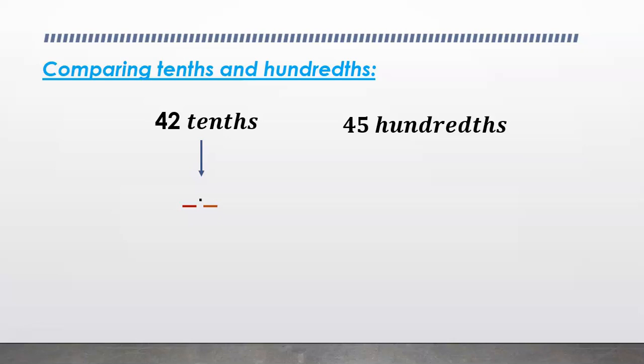Then 2 and 4. 45 hundredths. Then put 2 dashes here and put 5 and 4 from right to left. 5, 4, 0. And compare. Here the whole part 4 and 0, then 4 is more than 0.